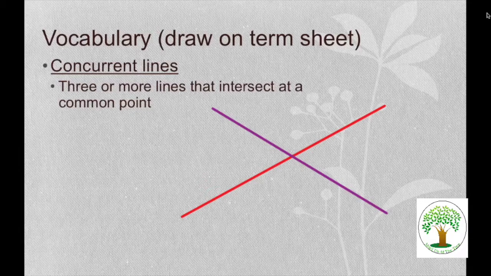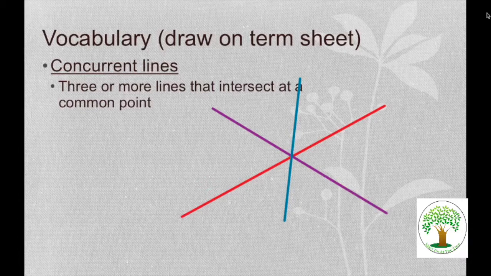Three or more. It has to be three or more, because two lines, if they intersect, automatically form one point. If I had another line, let's say a blue one, are those concurrent? Why? Because they don't all three intersect. They don't intersect at a common point. So I would have to come through like that. And then I would have concurrent lines.